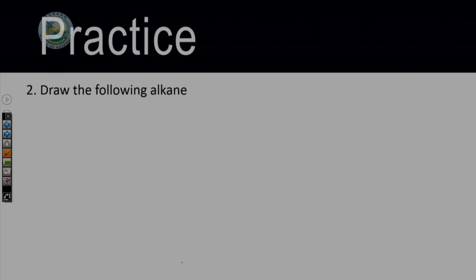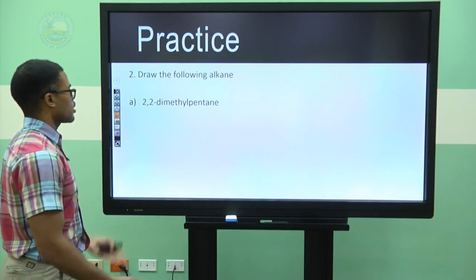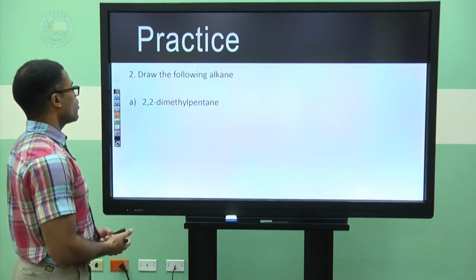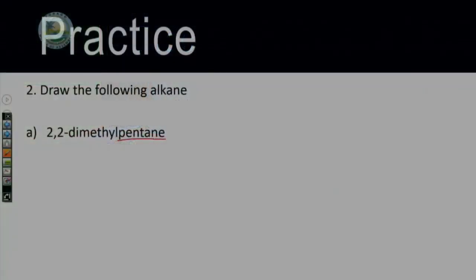So this one here is asking to draw the following alkanes. So having this information, we're going to be doing it in reverse. So doing it in reverse now, let's look at this name. So we know from this portion here that the last name is the longest chain.